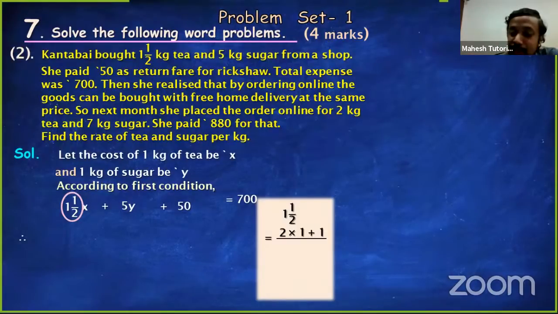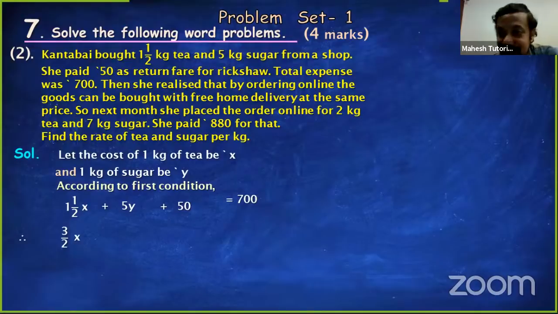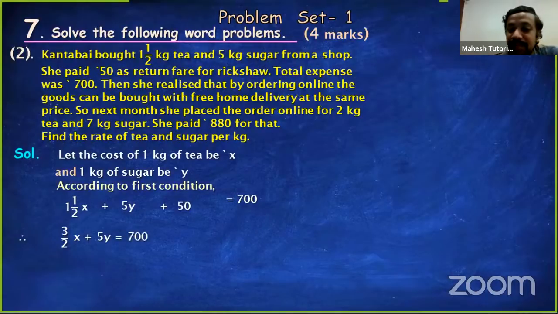So now tell me, students, 2 ones are kitna dega? 2 plus 1 upon 2. Now tell me 2 plus 1 kitna hai? 3 upon 2. So now this 1.5 becomes 3 upon 2 and the x will remain as it is. Keeping everything else as it is, that is plus 5y, equal to 700 as it is.